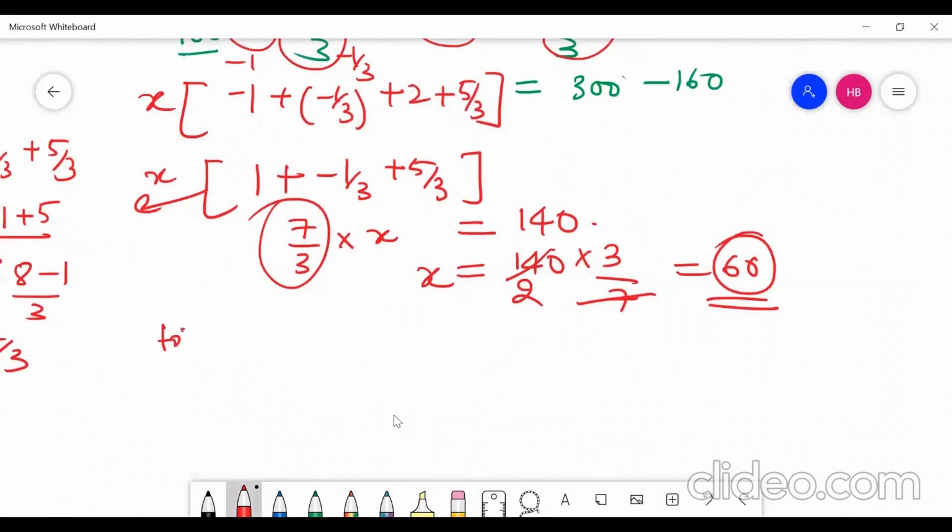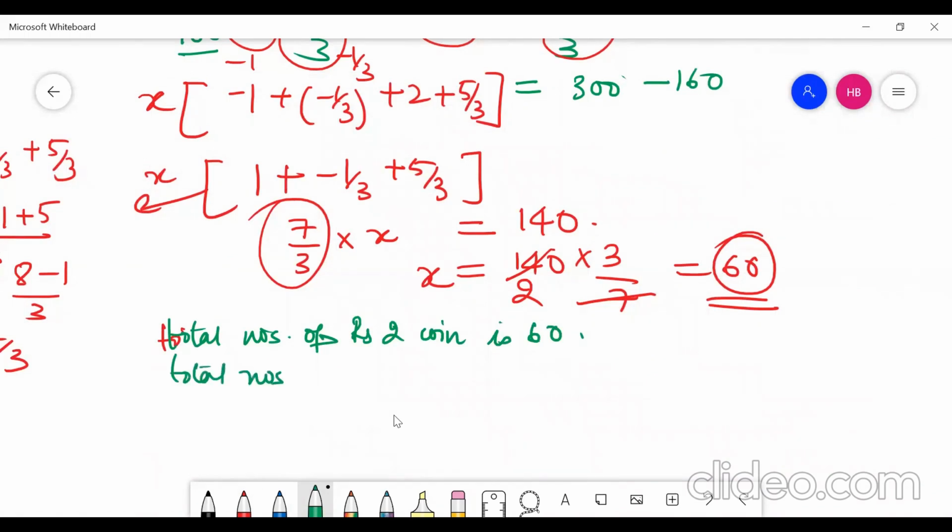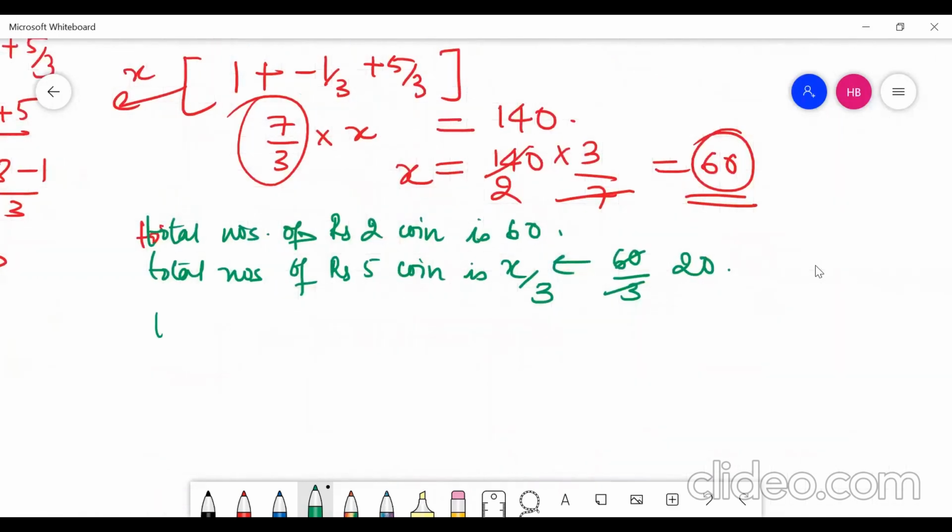So finally we will write, the total number of 2 rupee coin is 60, then the total number of 5 rupee coin is x by 3. That's what we did, x by 3. So if I put the x value here, it will be 20.